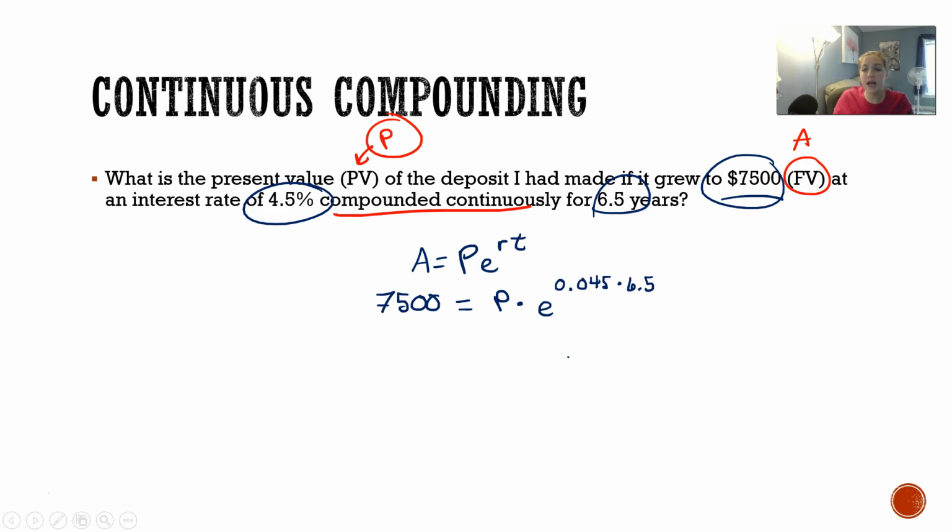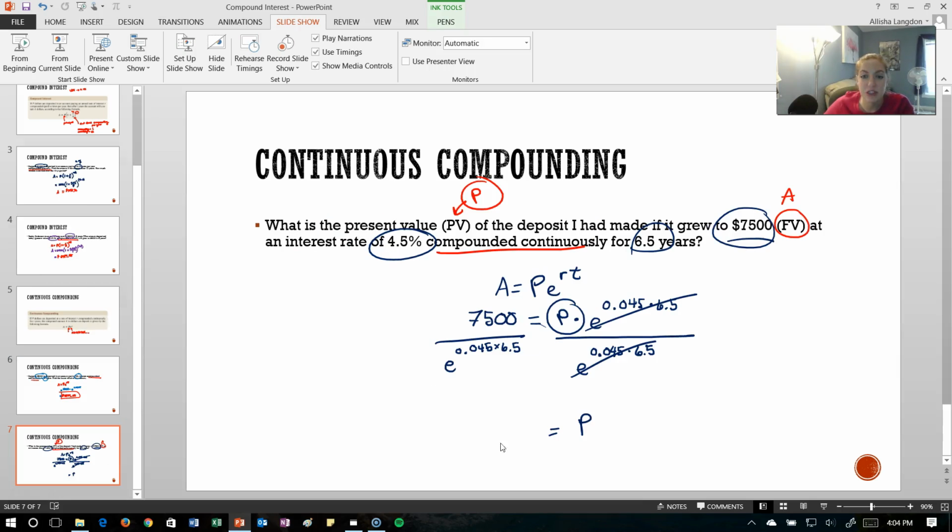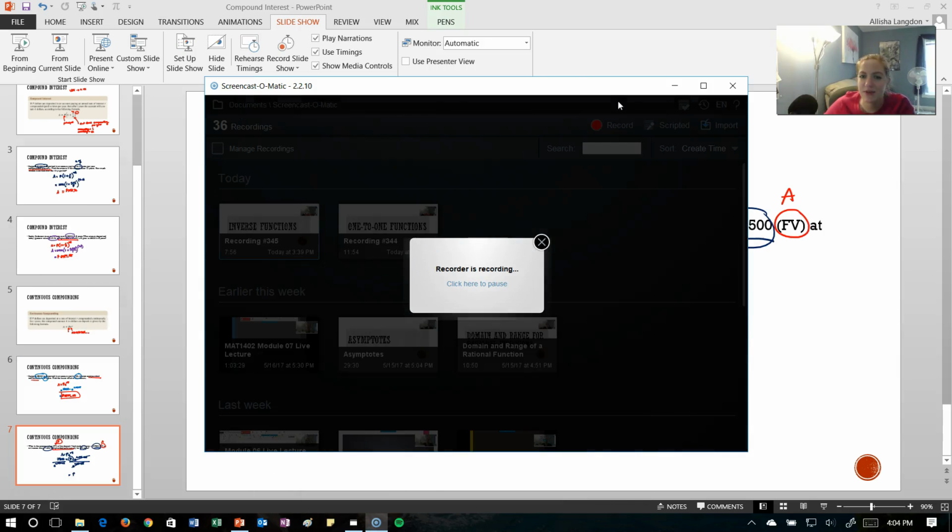So we need to actually calculate that value first. Actually, we don't. It would be better to just divide both sides by e to the 0.045 times 6.5. And that will cancel, and you'll be left with P, and all we got to do is plug that into the formula. The only reason I don't always teach that way is because that just takes forever to write, but that's okay.